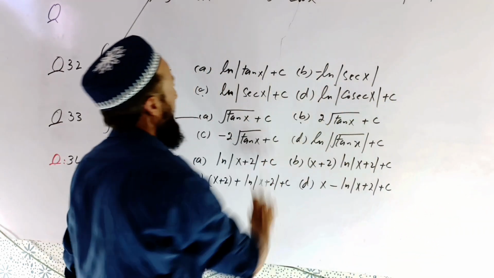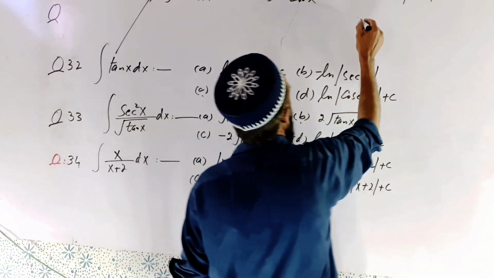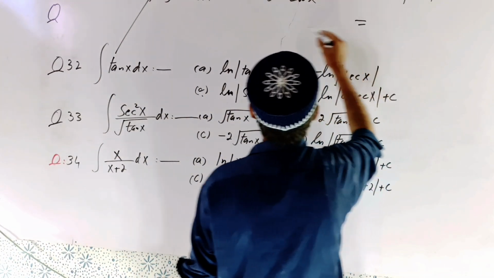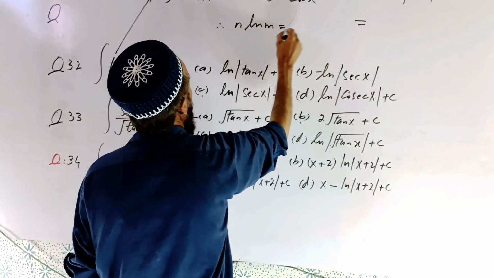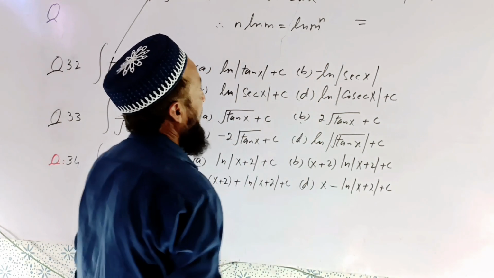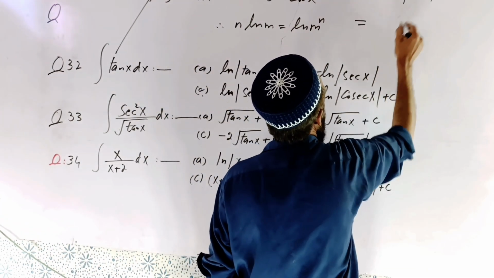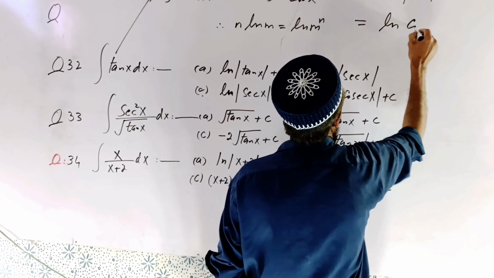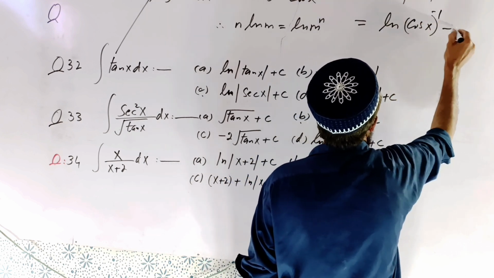Now in the question log of x is not available, so we change this according to the rule of logarithm: n log of m is equal to log of m to the power n. Here the coefficient is minus 1. We change it to log of cos x to the power minus 1 plus c.